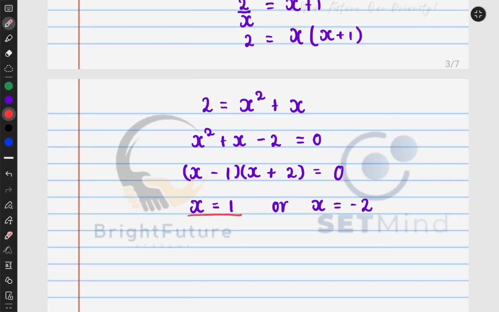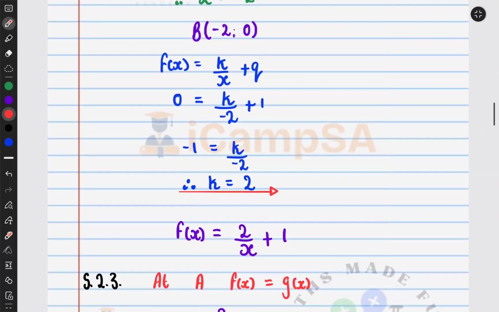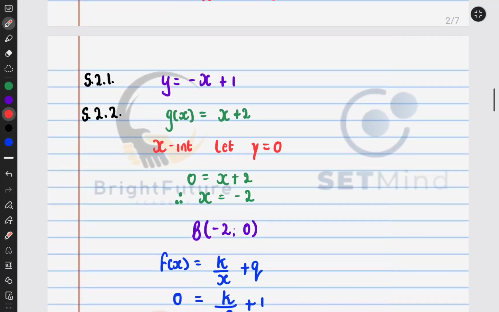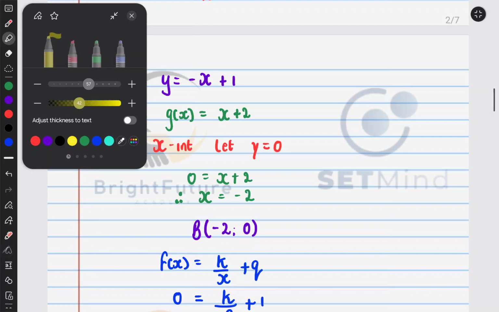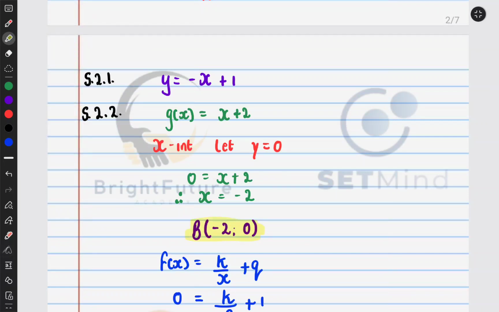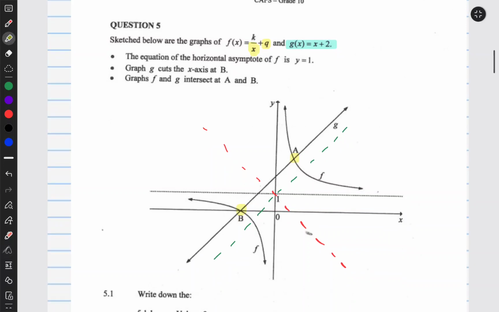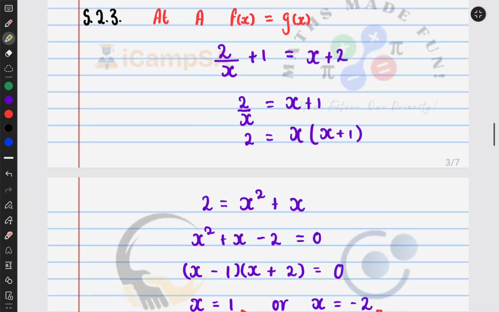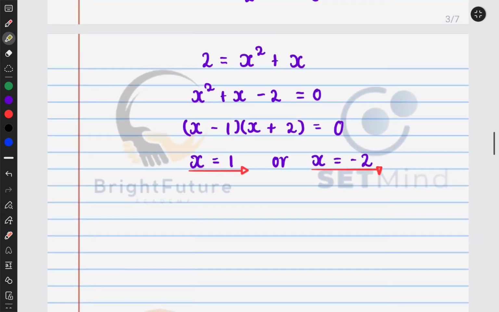We already know that x equal to negative 2 goes with b, the b coordinates that we calculated there. Also, we can see that b is to the left of the y-axis, on the negative side of the Cartesian plane. So a goes with 1.